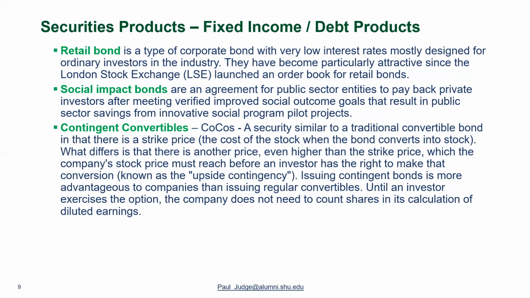Issuing contingent convertible bonds is advantageous to companies compared to issuing regular convertible bonds. Until an investor exercises the option, the company doesn't need to count the shares in its calculation of diluted earnings.